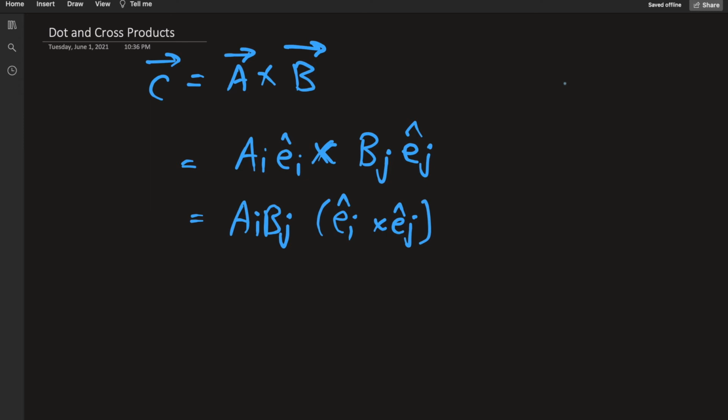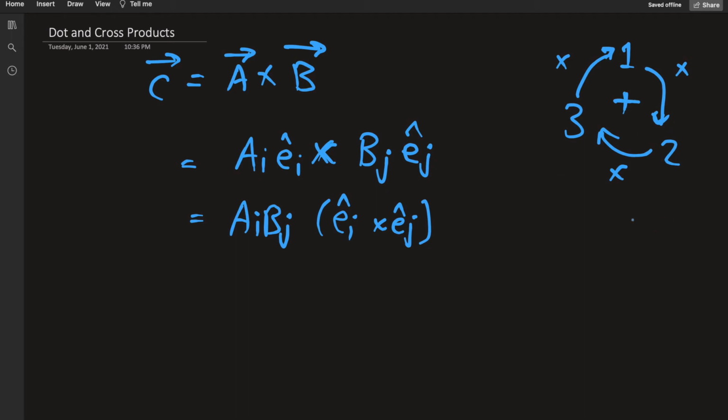So if we had e1 crossed e2, we get e3. Because the way it works is, if you're in this cyclical order, 1 crossed with 2, 2 crossed with 3, 3 crossed with 1, you'll always get a positive sign.